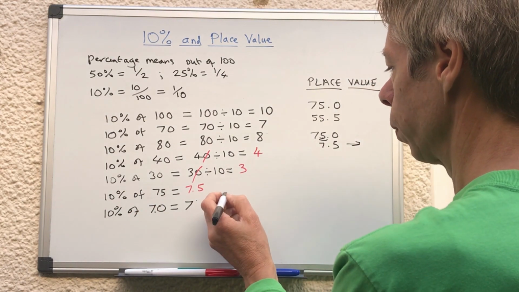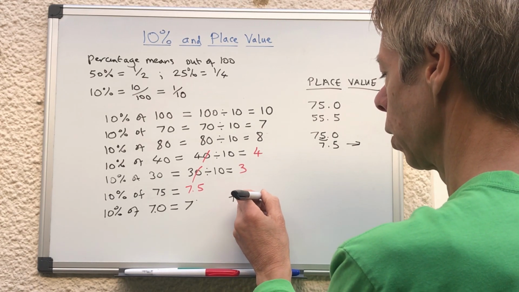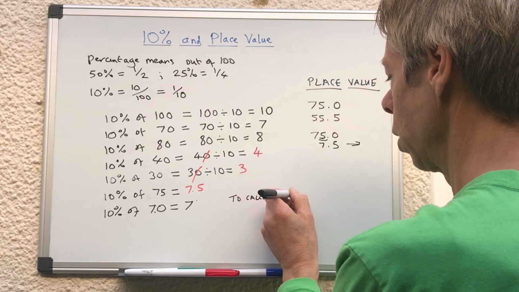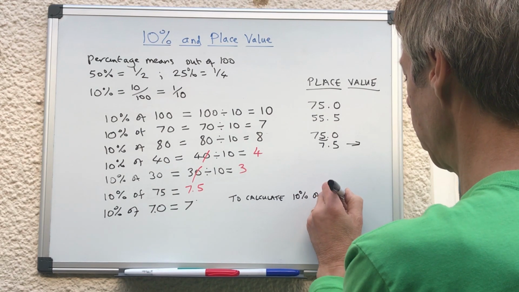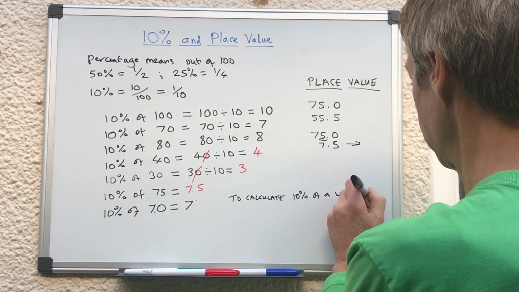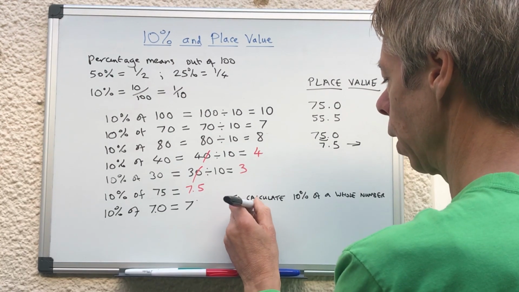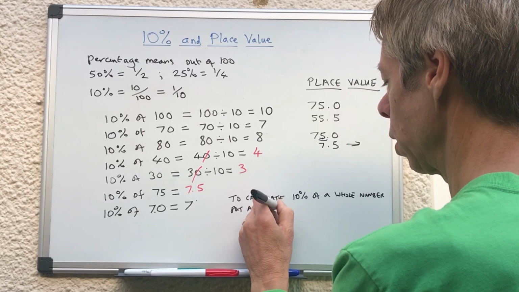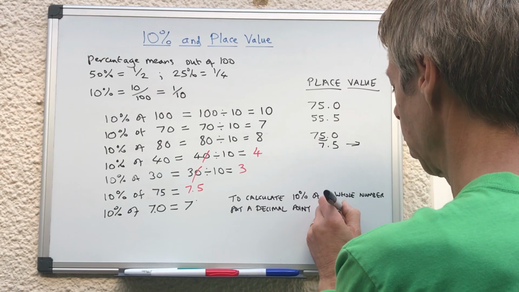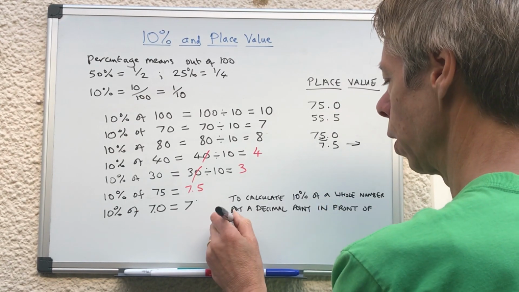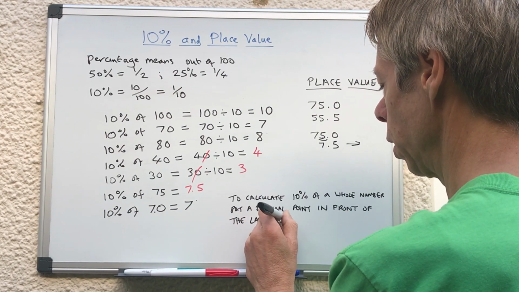Okay, so to calculate 10% of a whole number, put a decimal point in front of the last digit.